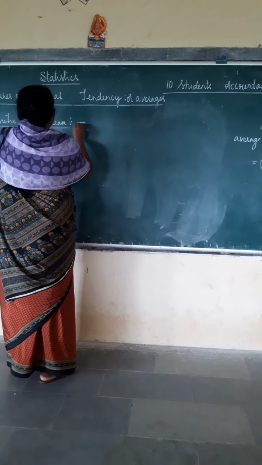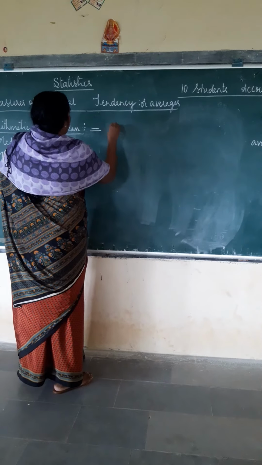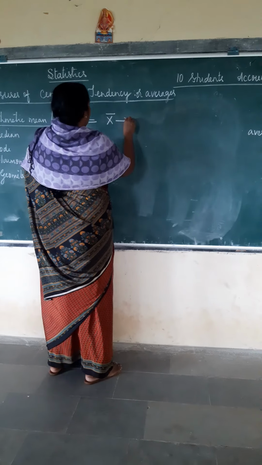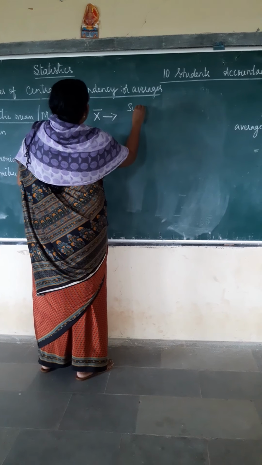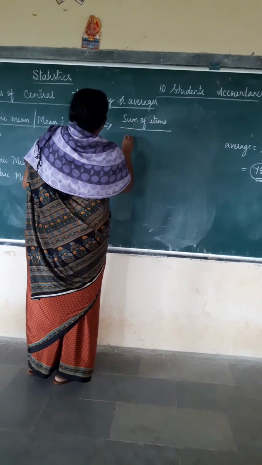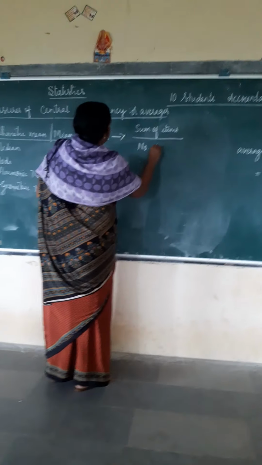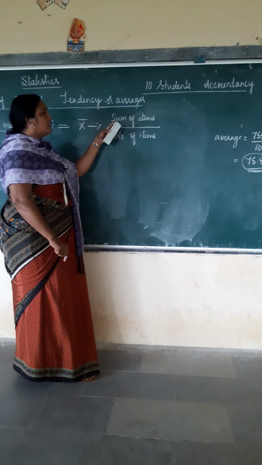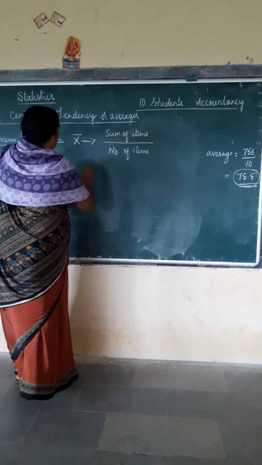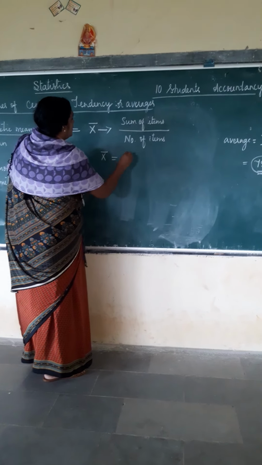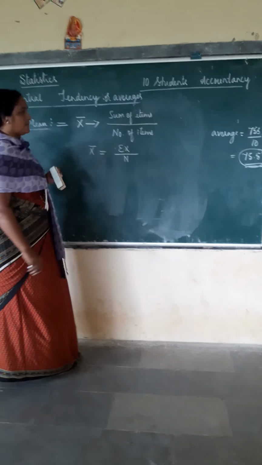We use x bar to denote arithmetic mean, that will be calculated by dividing the sum of all the items by the number of items in the group. Or else, sum of the observations divided by the number of observations. So mean is equal to sum of all the observations divided by number of observations.